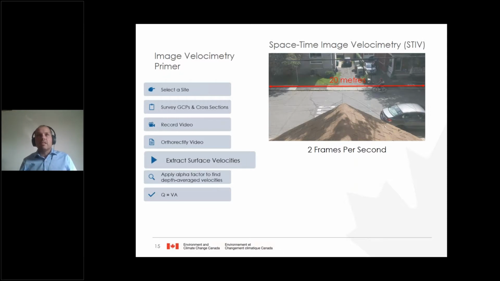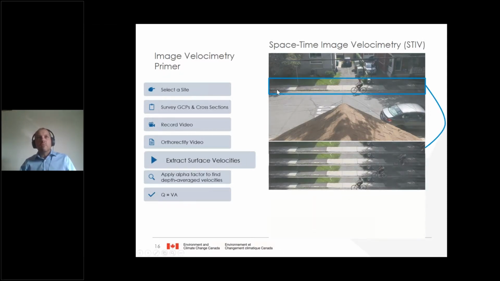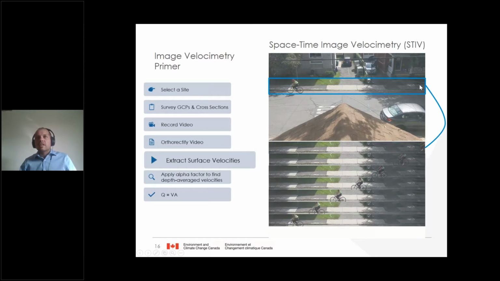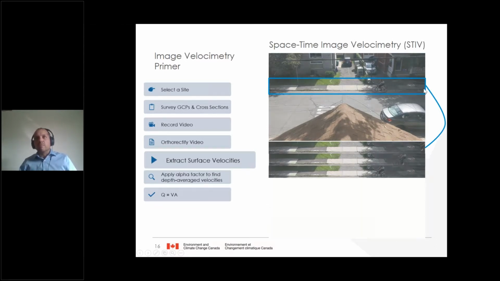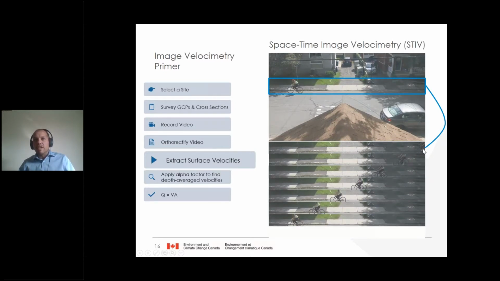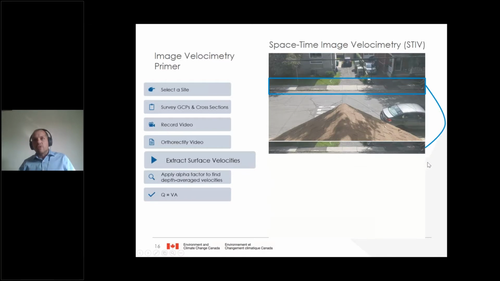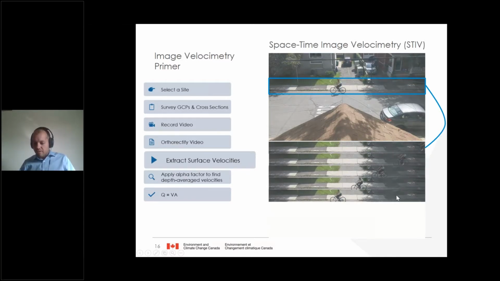And the way it works is you draw a line along your likely flow path of a particle and extract those pixels in each frame. So this first row here is the flow path for frame 1. And then the second one is the flow path for frame 2, frame 3, frame 4, frame 5.